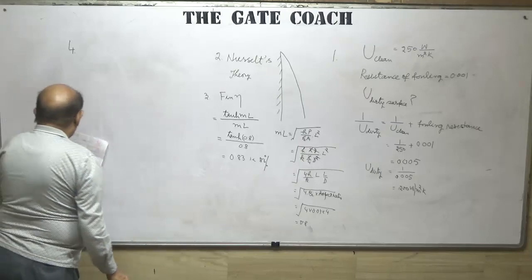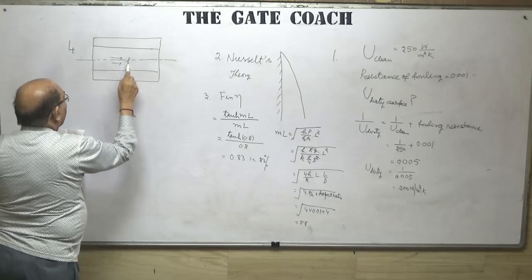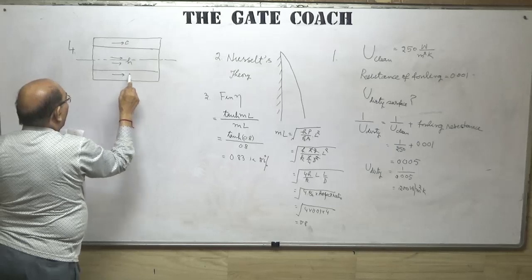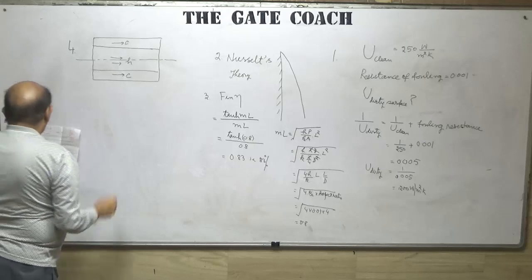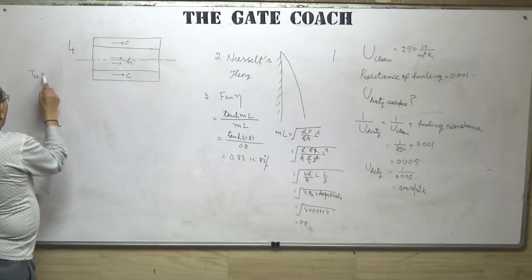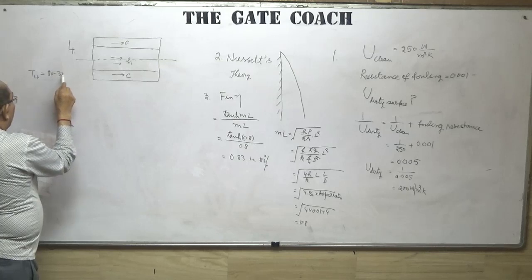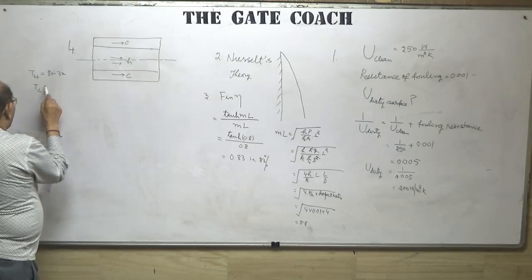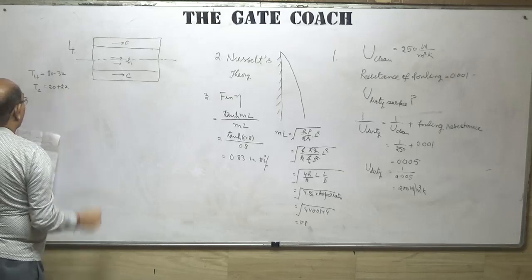Fourth question, it is a double pipe heat exchanger. Hot medium is flowing inside. Cold fluid is moving outside. Hot temperature variation is 80 minus 3x and cold temperature variation is 20 plus 2x.